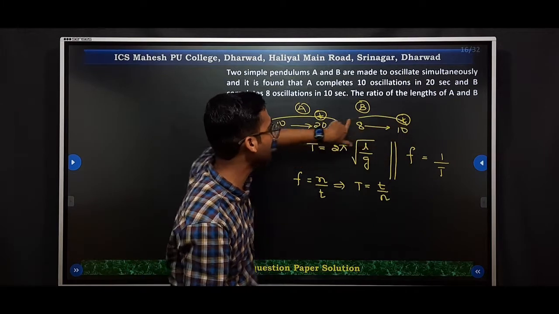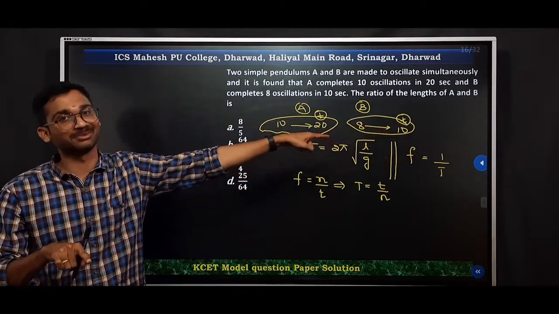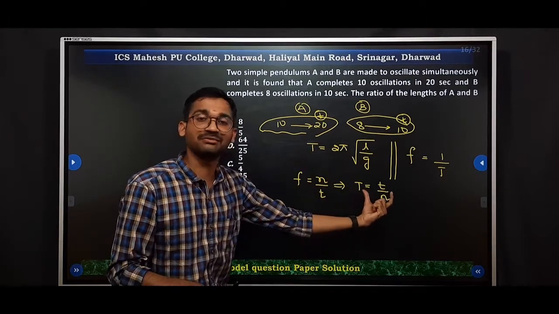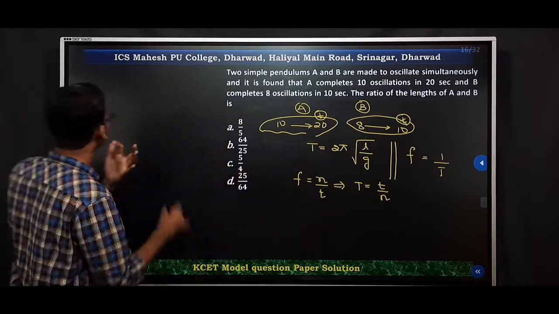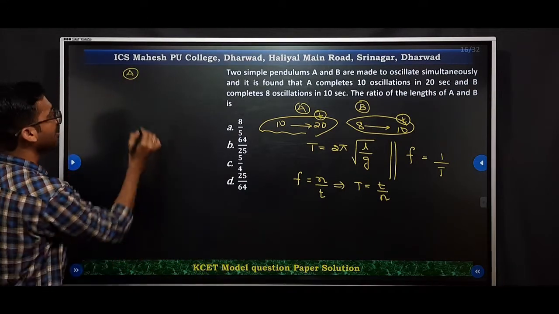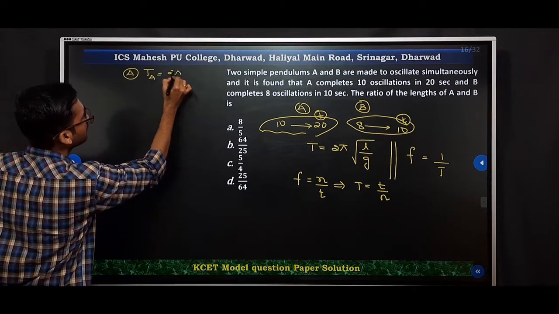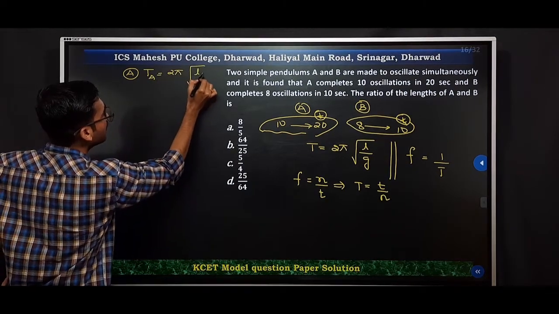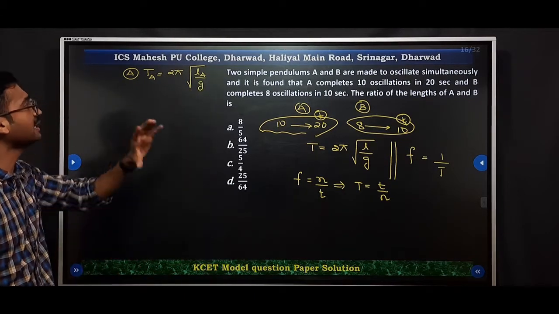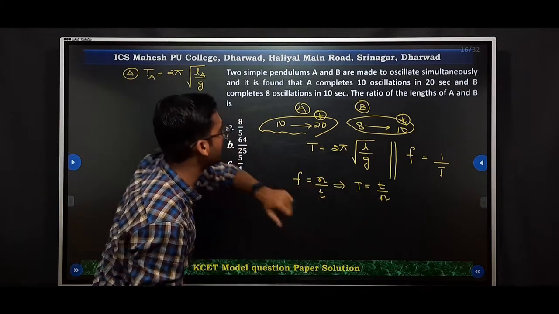Now observe the above values. Here we have how many oscillations, and what is the time corresponding to that? We can substitute these. Therefore, for the pendulum A, TA is equal to 2 pi under root of LA divided by g, which equals small t divided by n.